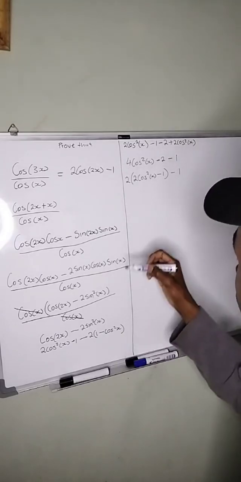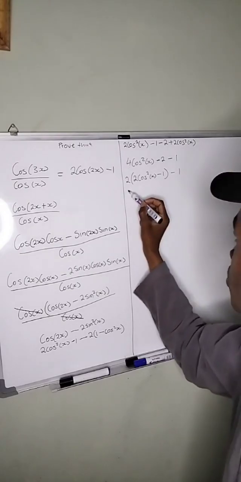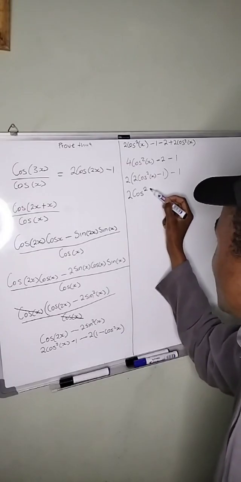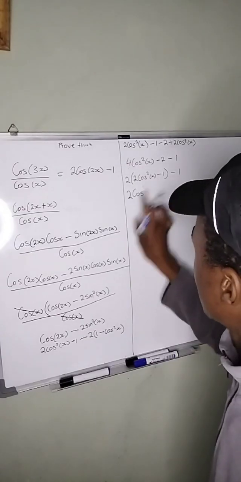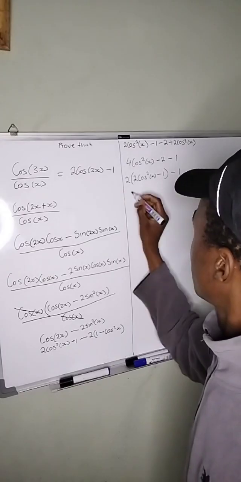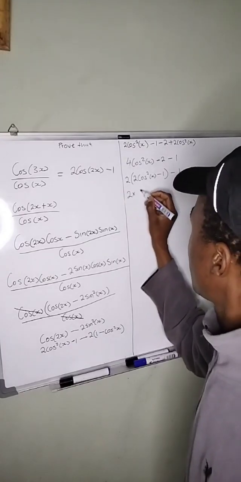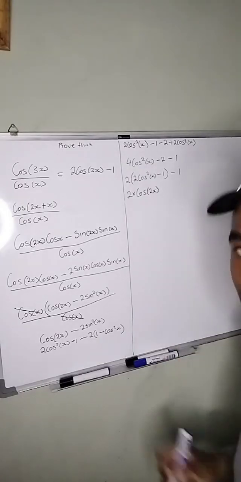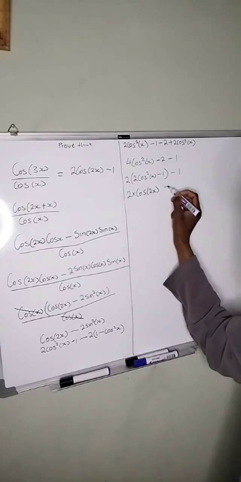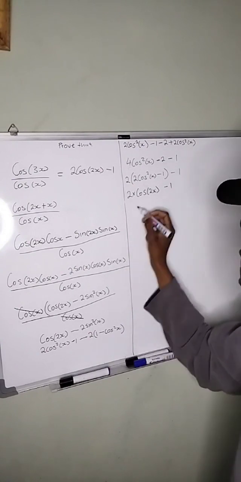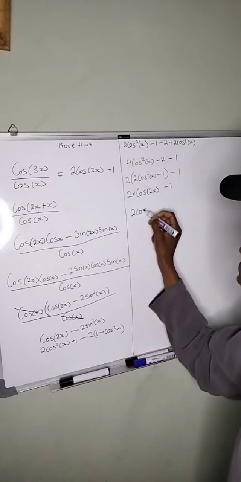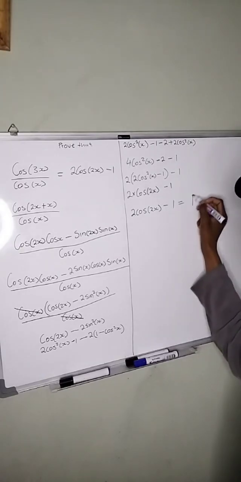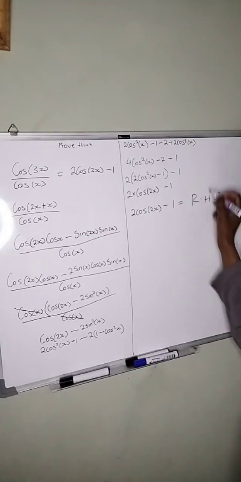So this is going to be equivalent to 2 cos squared, I know. This is going to be 2 multiplied by cos 2x minus 1. Then this is equivalent to 2 cos 2x minus 1, which is going to be equal to our right hand side.